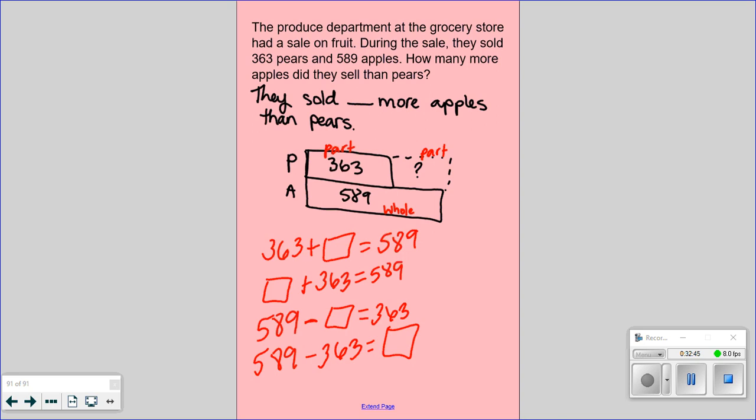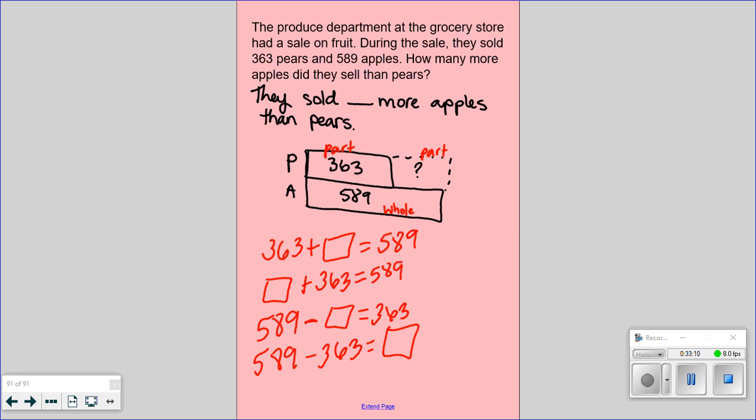But some of them make my brain happier than others. You tell me, which one makes your brain happy? Which one seems like something you could solve? All of those equations will work. Sit up.